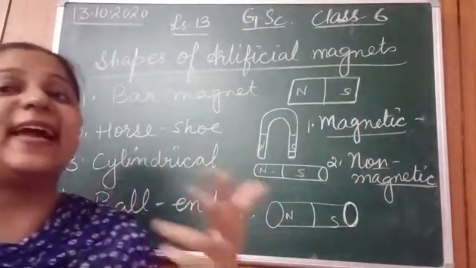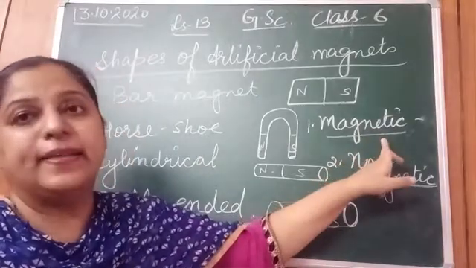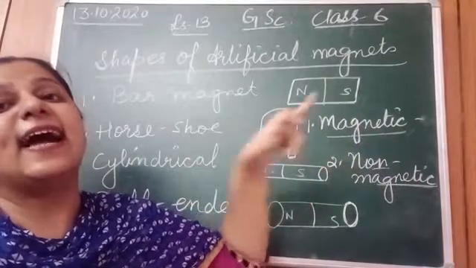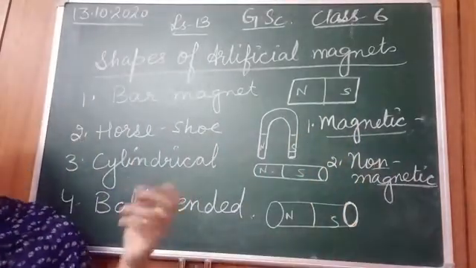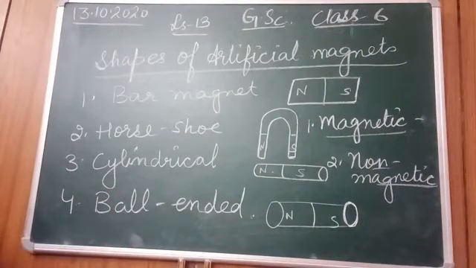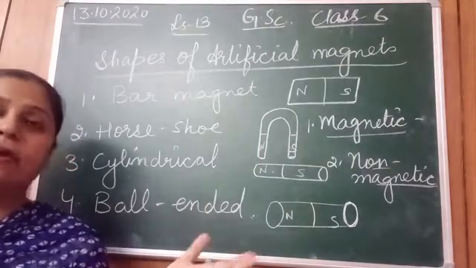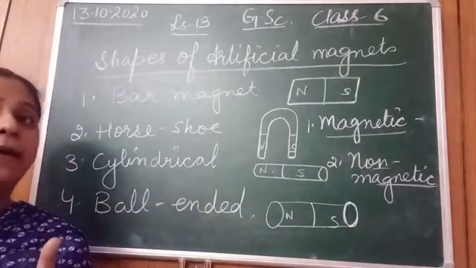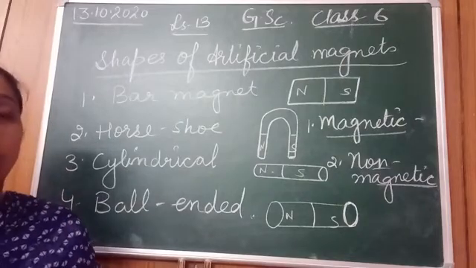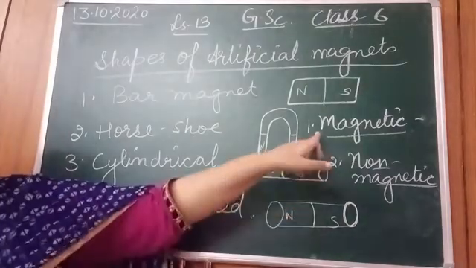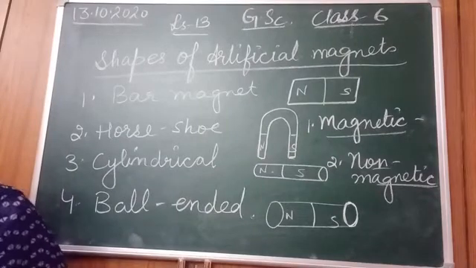Materials that get attracted by the magnet are known as magnetic materials. Right? An example is iron, the best example. It always gets attracted towards the magnet. Nickel, cobalt, they are all examples of magnetic materials.